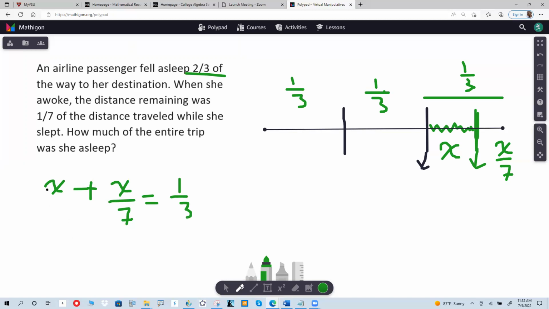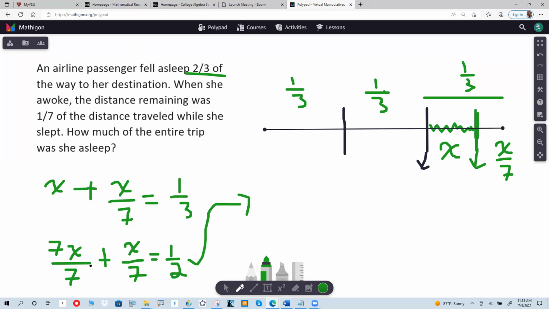And remember, I can have the same denominator by multiplying both sides by 7. On the left-hand side, I have 8x over 7.